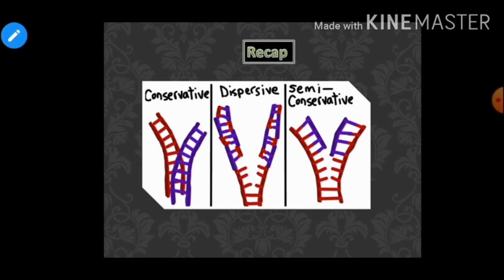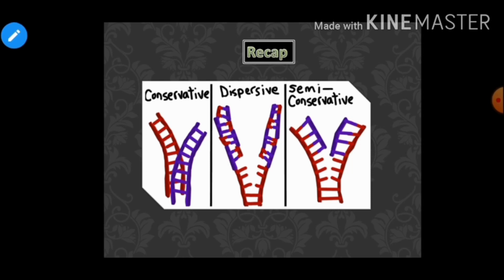In the conservative mode, the entire DNA acts as the template, and from the entire DNA a new DNA is synthesized. Here the red color DNA is the parental DNA, from which a new DNA, blue color DNA, is being synthesized.